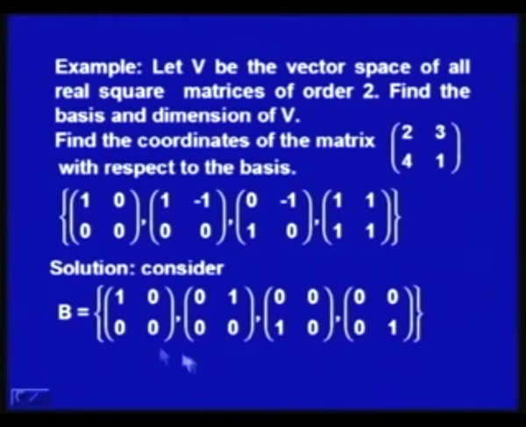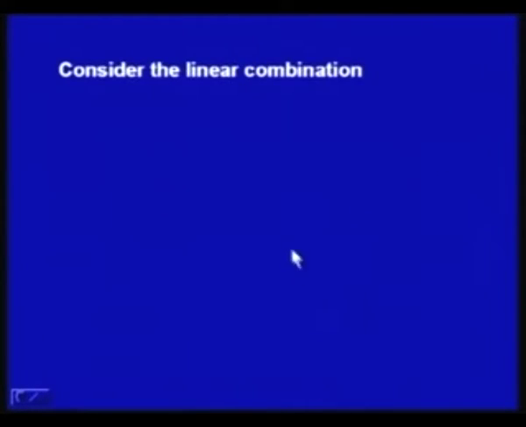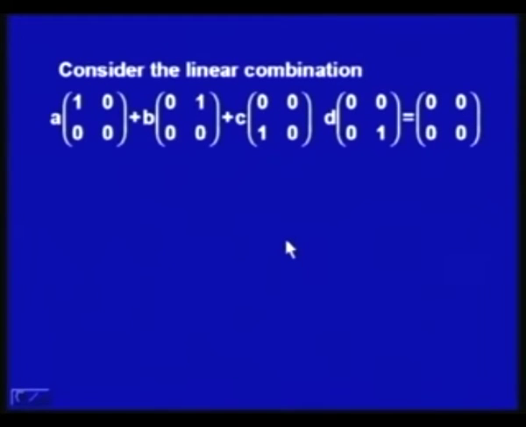So, we consider set B, and then we claim that B is a set of independent vectors. For this, we consider the linear combination of these vectors, a times the first vector plus b times the second vector plus c times the third vector plus d times the fourth vector, and this linear combination equal to the null vector [0 0; 0 0].